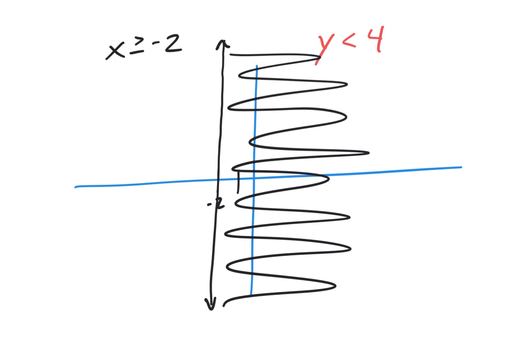Okay, y less than 4. So x all by itself is a vertical line, so y all by itself only crosses the y-axis, and it's going to cross it at 4. So we're going to go up 1, 2, 3, 4. But it's going to be a dashed line.